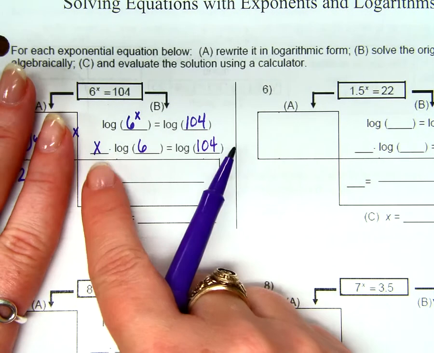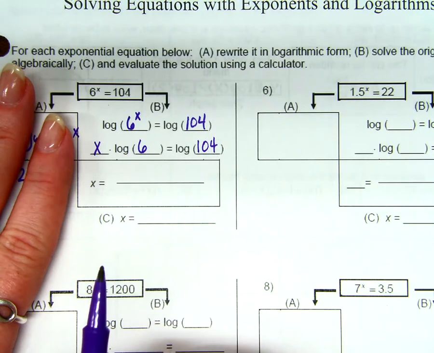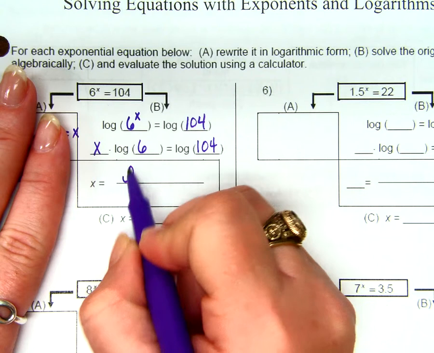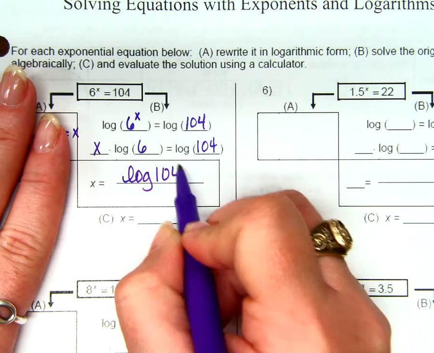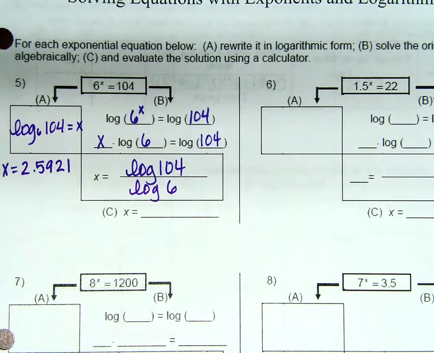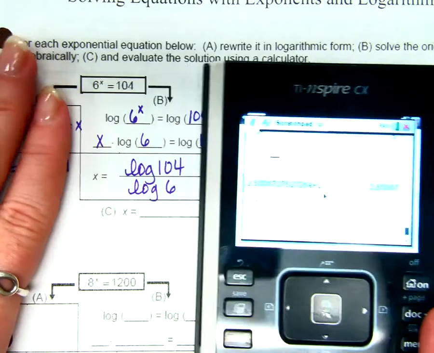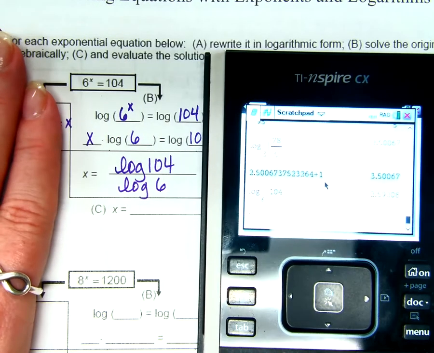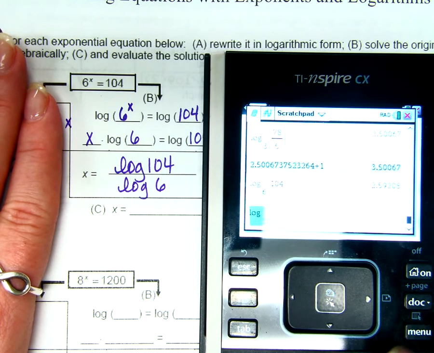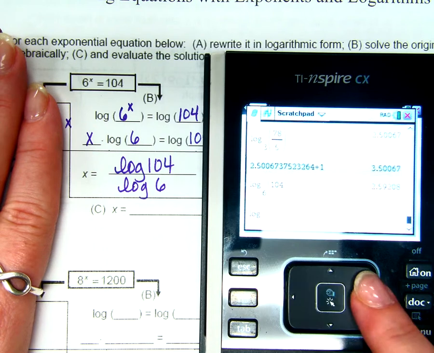How would I solve for x? Divide both sides by log of 6, right? So x equals log of 104 over log of 6. Okay so far? Log of 104.